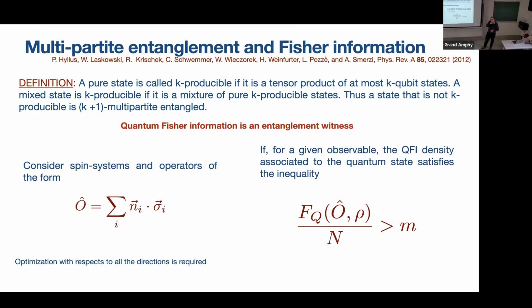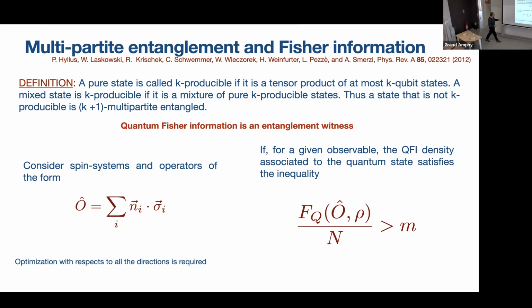I'll give you examples. In principle, you have to optimize over these capital N vectors. But in some cases, you can use luck or intuition. For example, if you have a spin system close to a phase transition with some ordering along the z direction, then you expect that the variance along z would diverge.